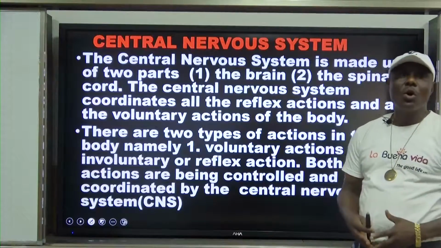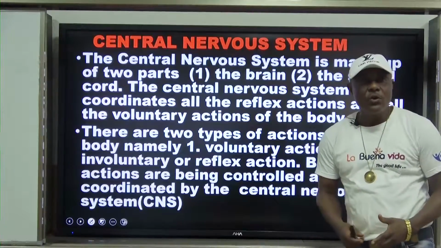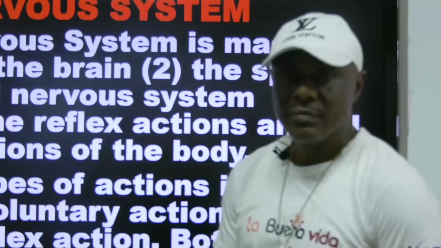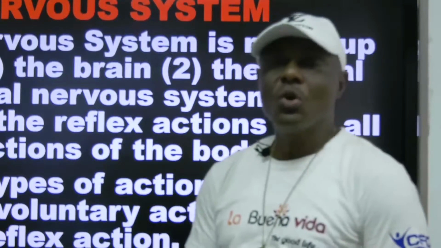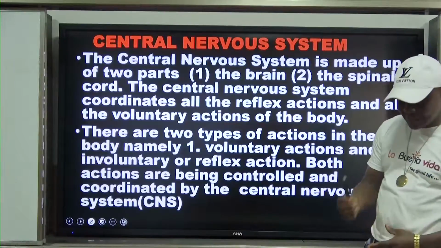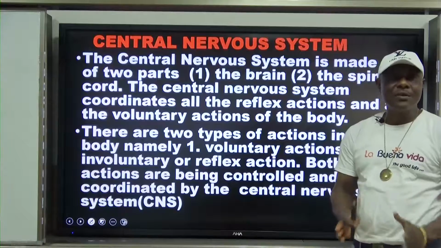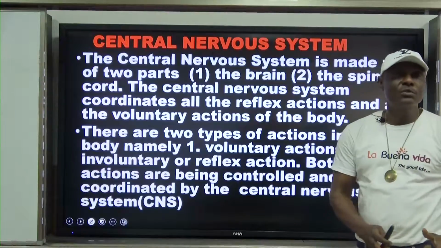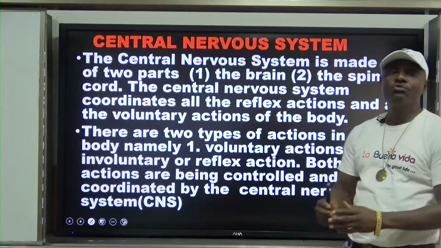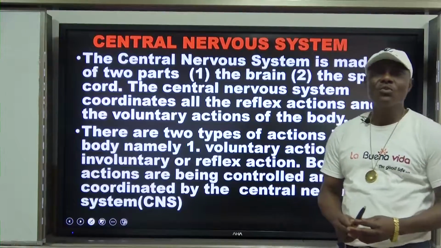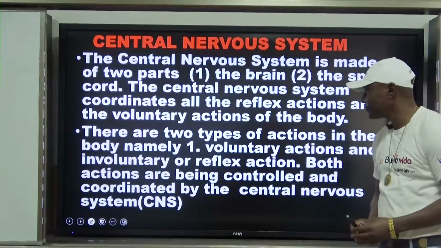You can decide to talk or not to talk. Those which you have authority on, the system controls them also. Those you also have no authority on, the system controls them. The two actions are seen as reflex or involuntary actions, and voluntary actions. Both are controlled by the brain.